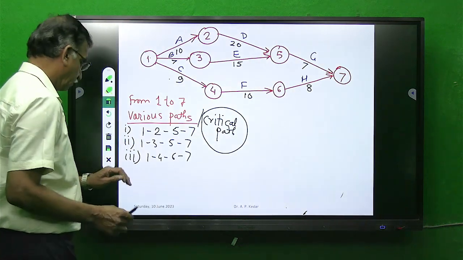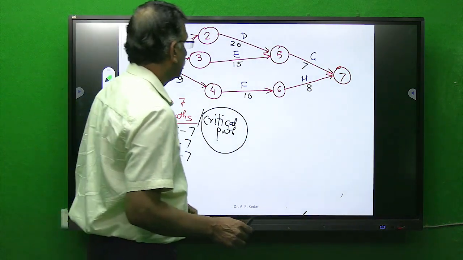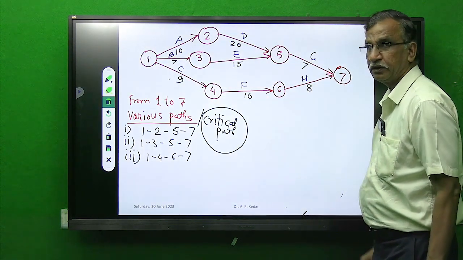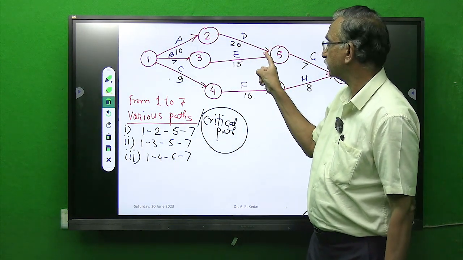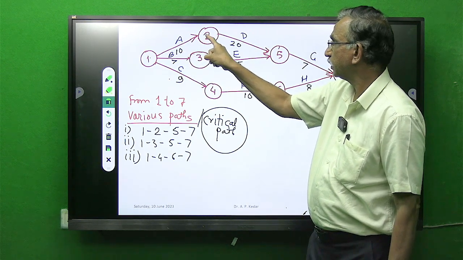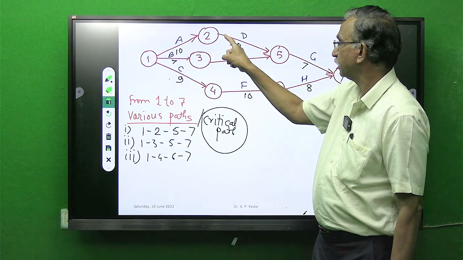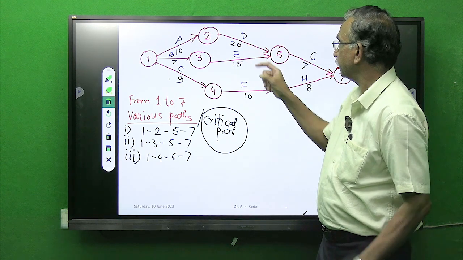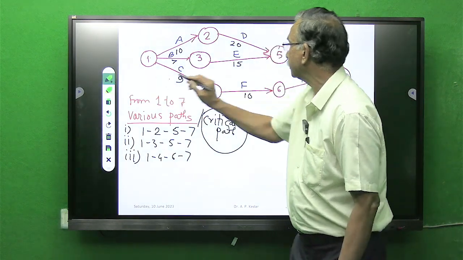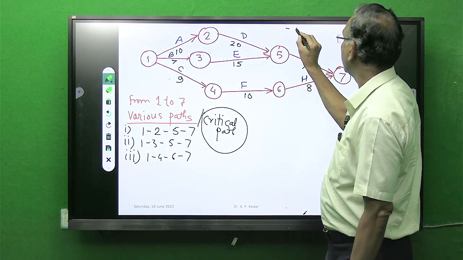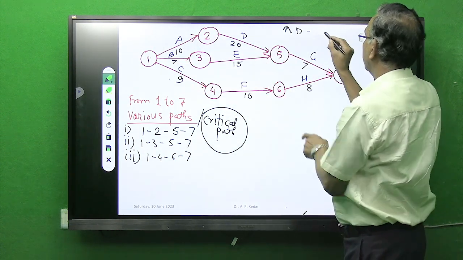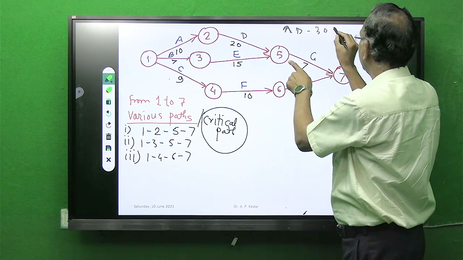Now, what is more important? What I said, I have to reach from 1 to 7. If I follow this path, this is 10, I reach here on the 10th day, this is 20. So for this A to D route, 30 days I take to reach 5.